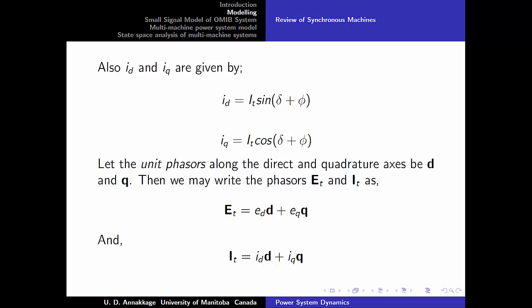Then we may write the phasors ET and IT as ET equal to ED, which is the magnitude, times boldface D giving the direction, plus EQ times unit phasor in Q direction Q. And IT equals ID times D plus IQ times Q.